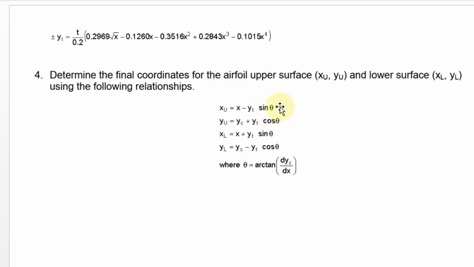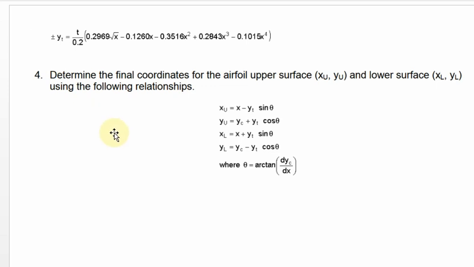From the tangent, by using the Pythagoras principle, you have to find sin theta, cos theta, and tan theta. So these are the four steps you need to follow for generating a particular aerofoil. These equations are applicable only for the 4-digit series.